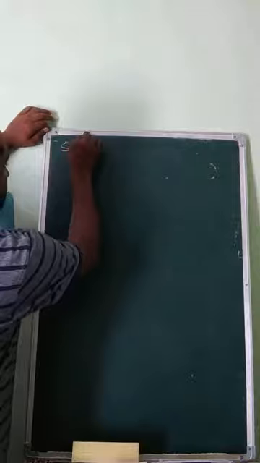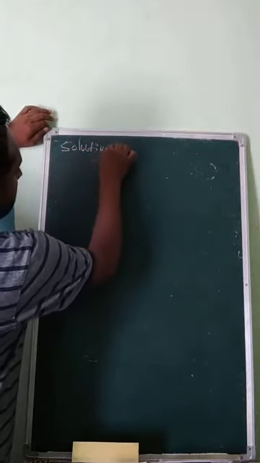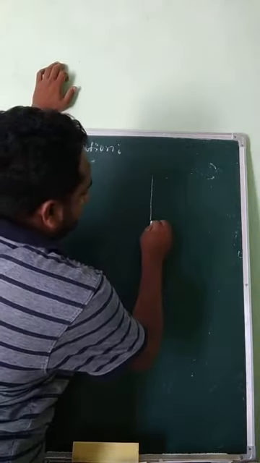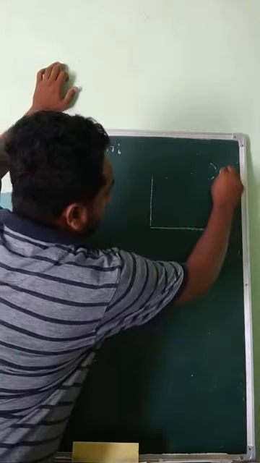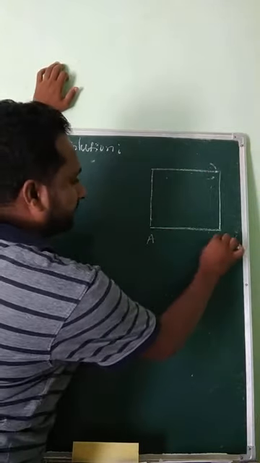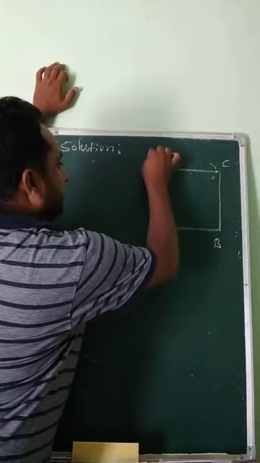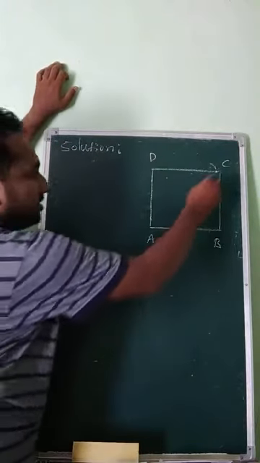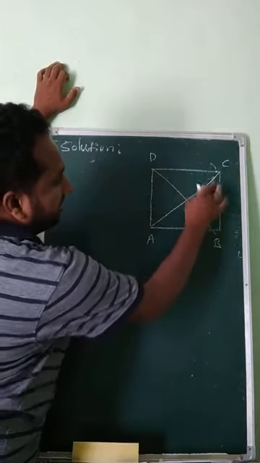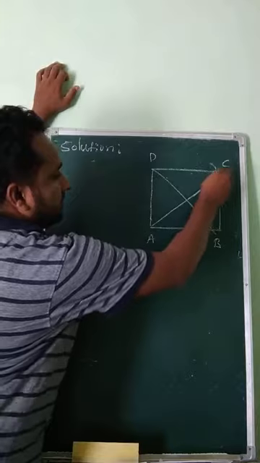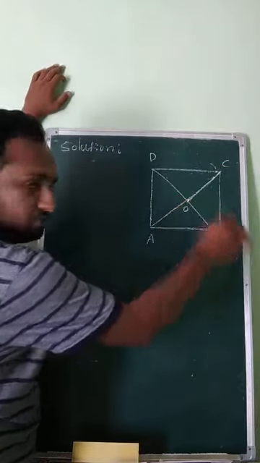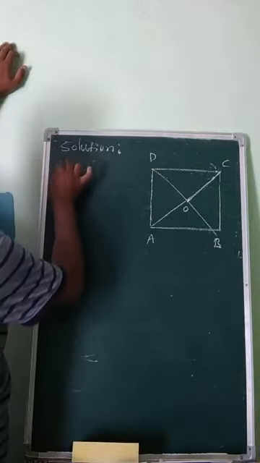Solution. First draw the square. As ABCD is a square. Now draw the diagonals. AC and BD are the two diagonals of the square, which intersect at the point O. Then first write the given.